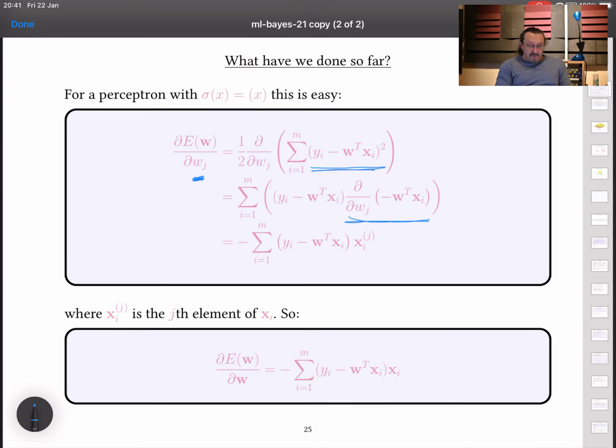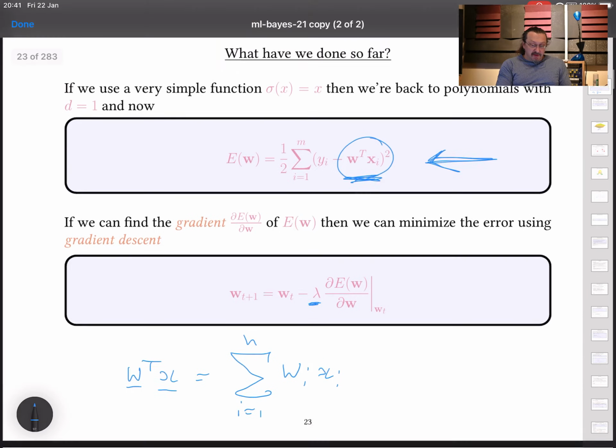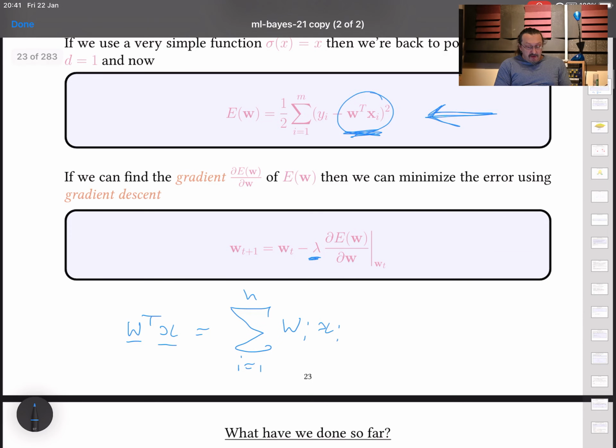Okay, and how's that going to work? Well, if I go back to what I just demonstrated about that inner product, W transpose X, if I write that out in full, I have W1X1 plus, at some point, WJXJ appears in there, and then it continues on up to WNXN.